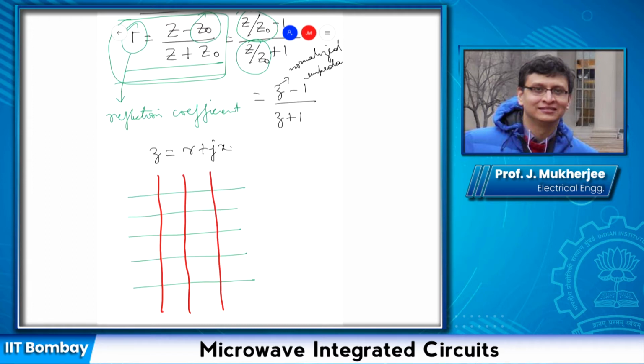Now say this horizontal line represents R equal to 1.